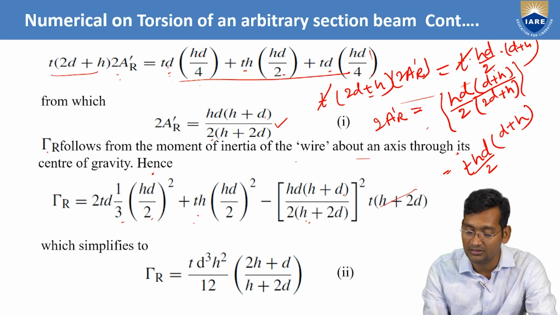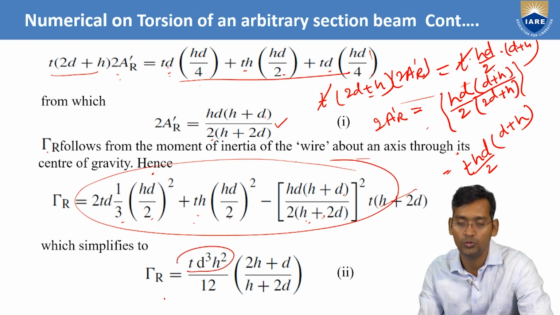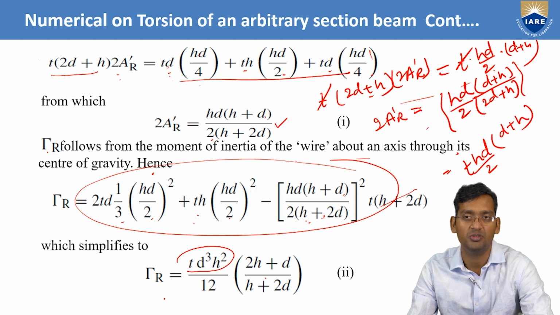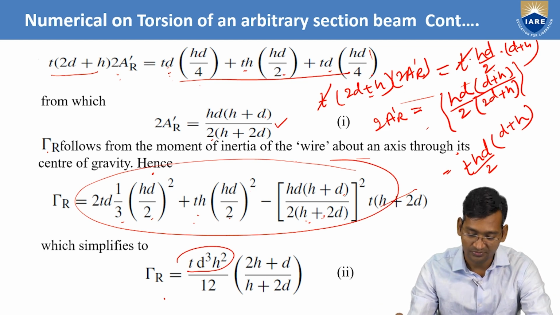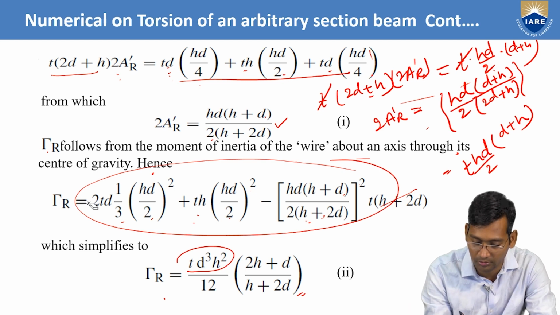And then after multiplying here, TH into H square D square by 4 minus the same. After expanding and simplifying and taking common, you will get T D cubed H square by 12 into 2H plus D by H plus 2D. Let me expand this, then it will be more clear.